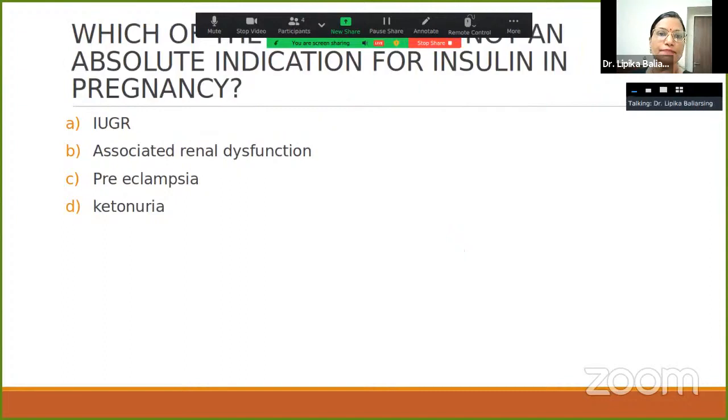Which of the following is an absolute indication for insulin in pregnancy? A, IUGR, B, associated renal dysfunction, C, preeclampsia, D, ketonuria. It is C, preeclampsia.